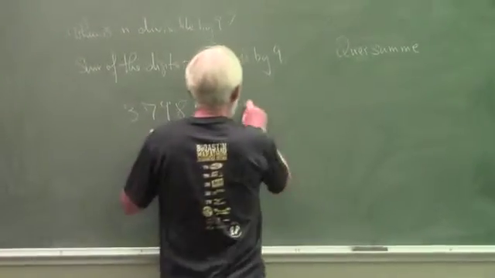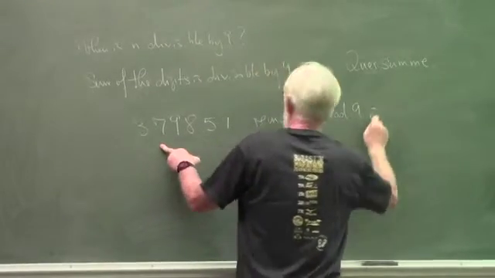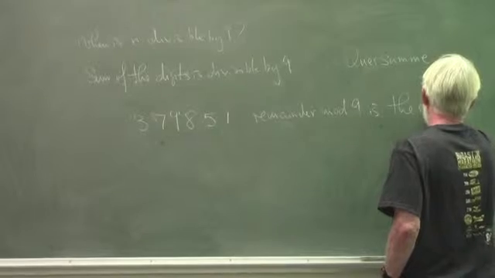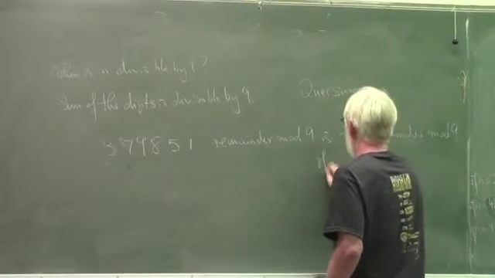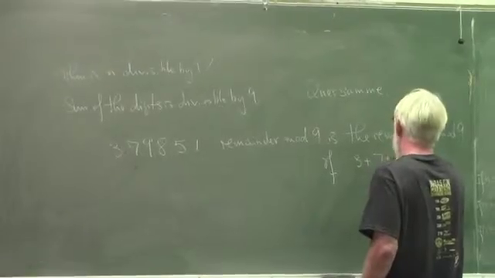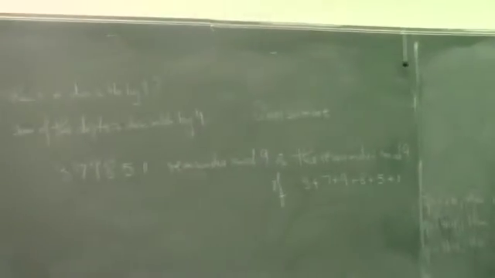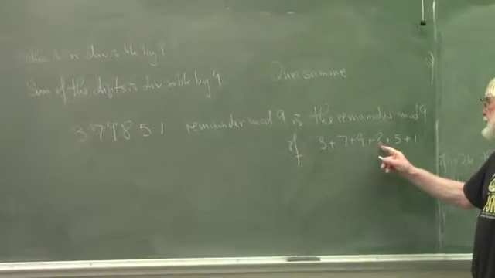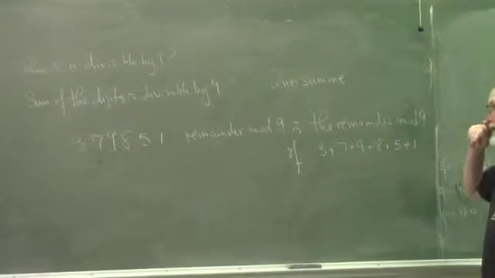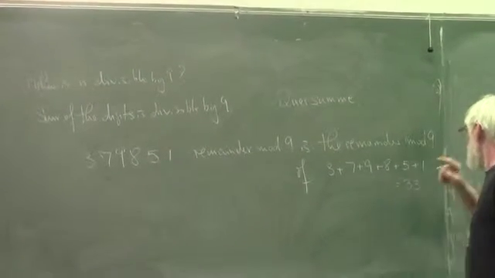So the remainder mod 9 of 3 plus 7 plus 9 plus 8 is 27, 33, so you get a remainder of 6.